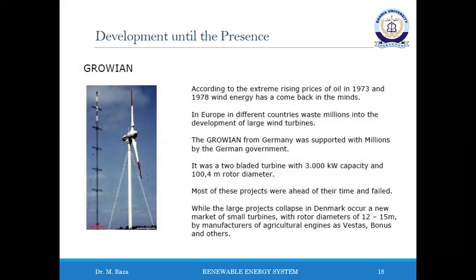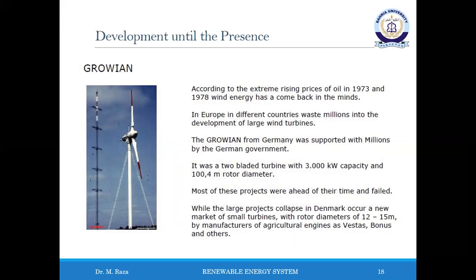According to the steep rising price of oil in 1973 and 1978, wind energy had a comeback. In Europe, different countries invested millions into the development of large wind turbines. The Growian from Germany was supported with millions by the German government.